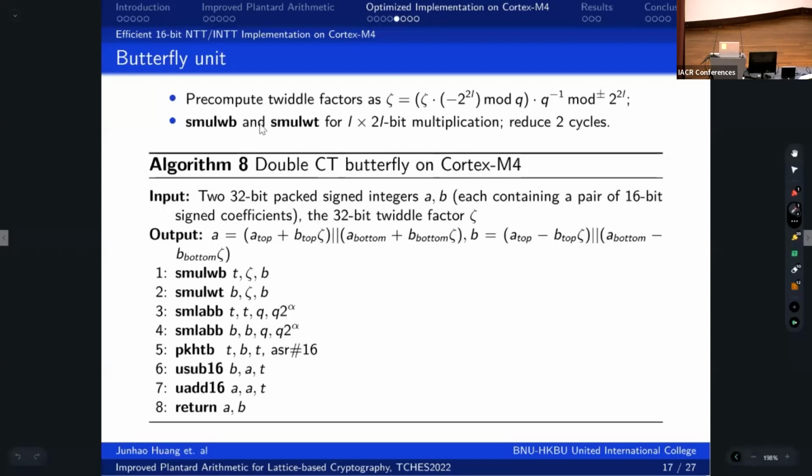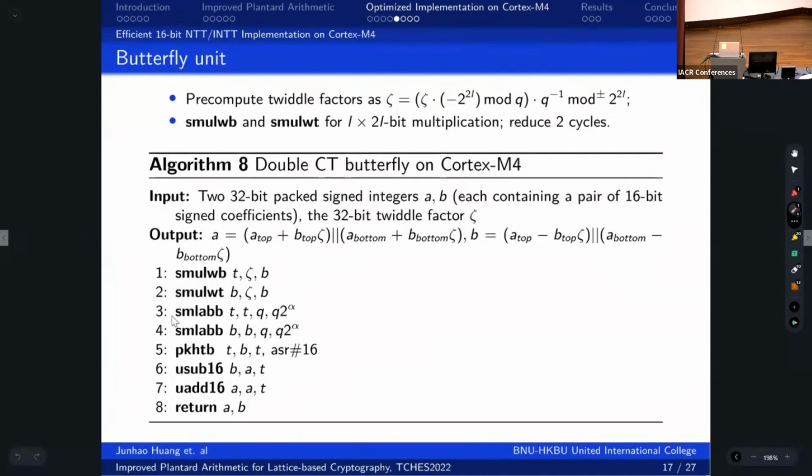And to do this, we need to first compute the twiddle factors by first multiplying a Plantard constant, so that the Plantard multiplication can produce a result in a normal domain. And besides, we also need to multiply it with the Q inversion mod 2 to the power of 2L. And the twiddle factors are double-sized compared to the Montgomery implementations.